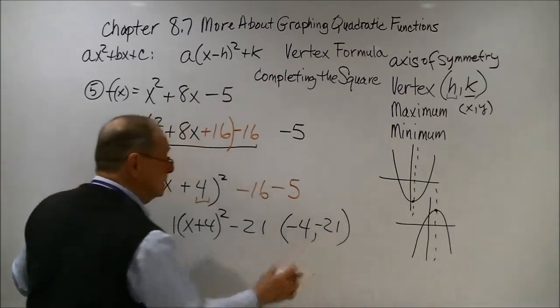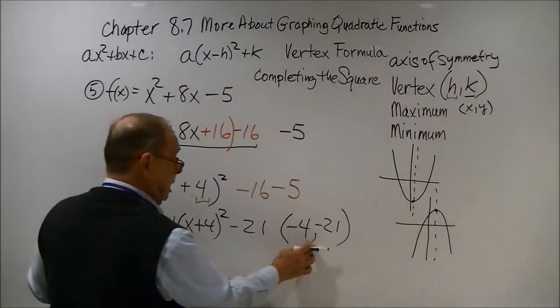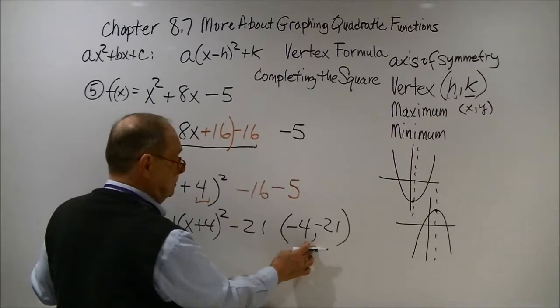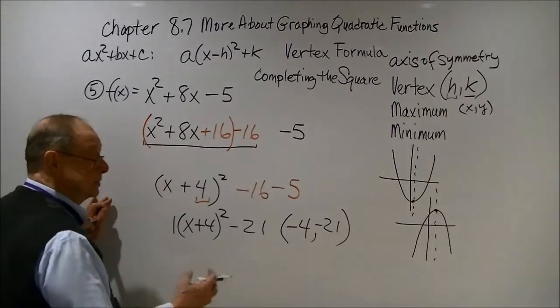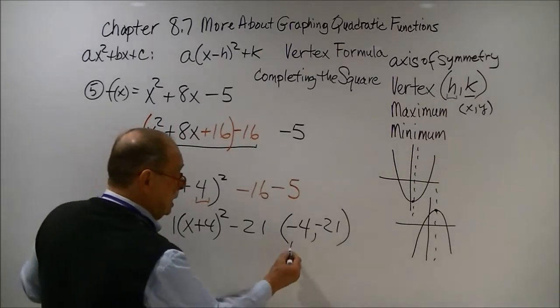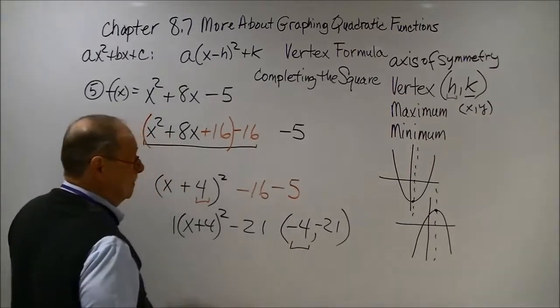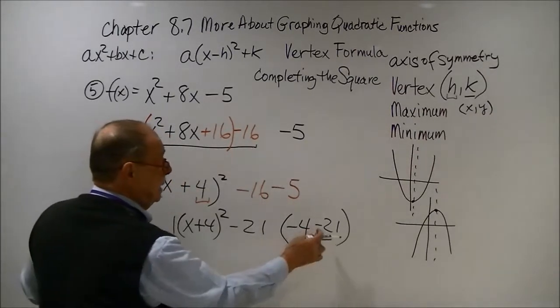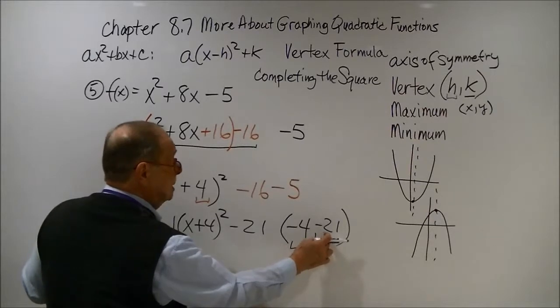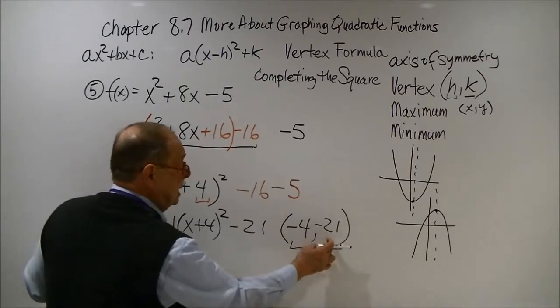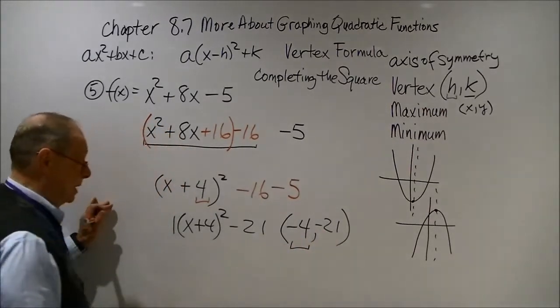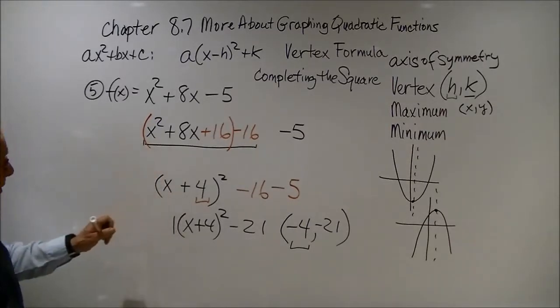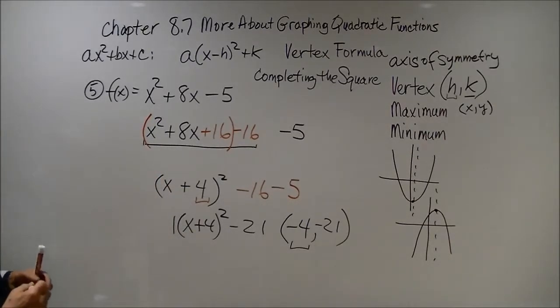So this happens to be then the vertex. Now the axis of symmetry of that would be a negative 4, and the minimum is going to be a negative 21. Now we're giving you a little bit more information than what they're asking for this, but you'll see as we go along, it all fits in.